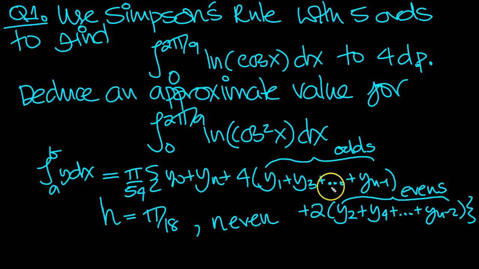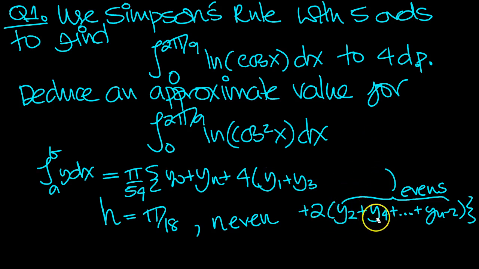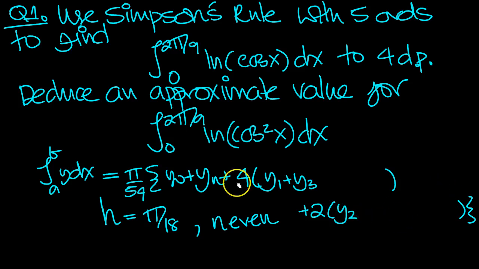Now we need these y ordinates. n is 4, so the odds are y1 plus y3. And then for the evens, n is 4, so it's simply just y2 alone. And this value is 4 here.